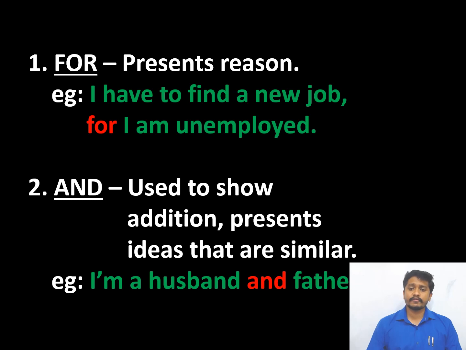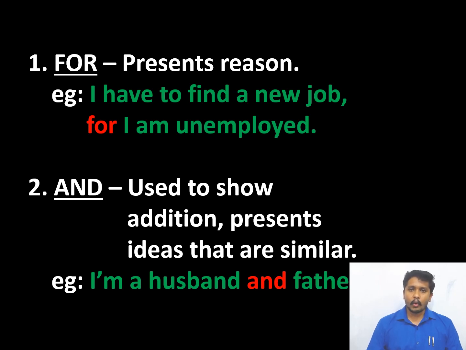I have to find a new job. That is the first clause. I am unemployed. That is the second clause. These two clauses are joined by the coordinating conjunction for. So, I have to find a new job, comma, for I am unemployed. These two clauses are joined by the coordinating conjunction for.